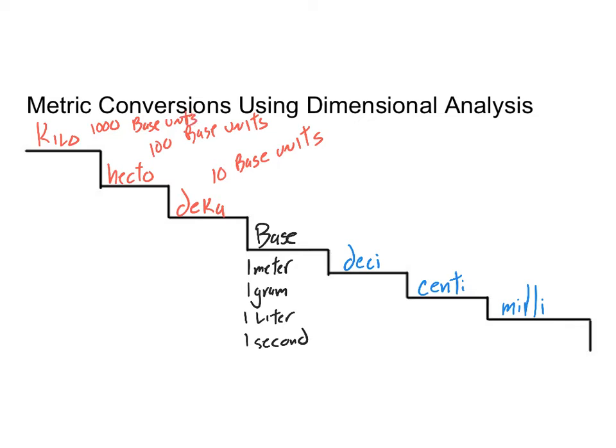Now going down this, the deci is a prefix that means 1/10 of a base unit. Centi means 1/100th of a base unit. And milli means 1/1000th of a base unit.